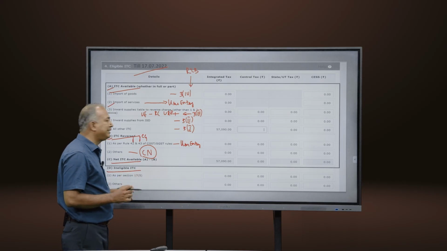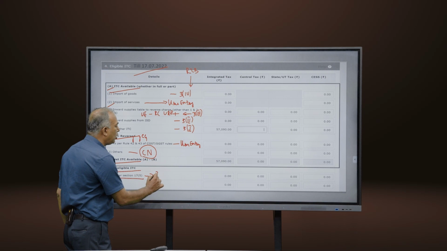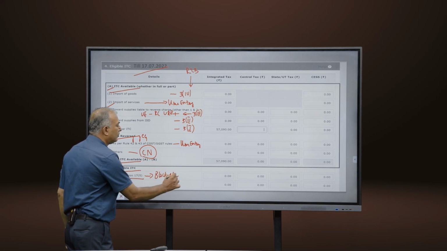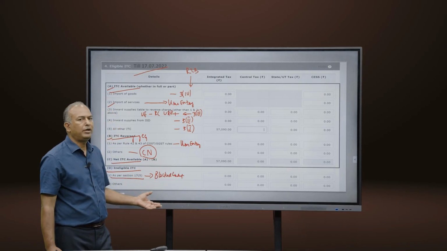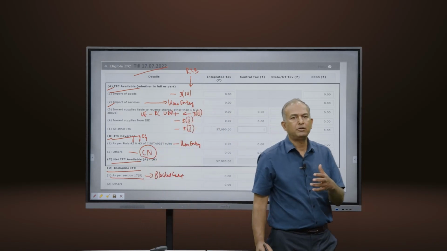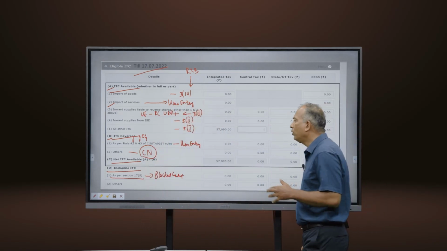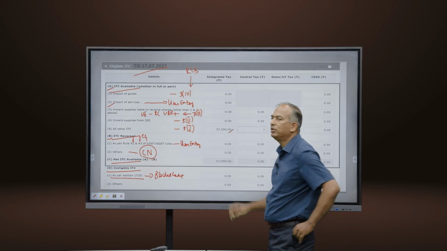Now, what is ineligible ITC? As per section 17(5), blocked credit. And any other ineligible ITC will come under others. Now there were different practices that were followed. You will have to visualize this particular practice. Here, the example given is 57,090.